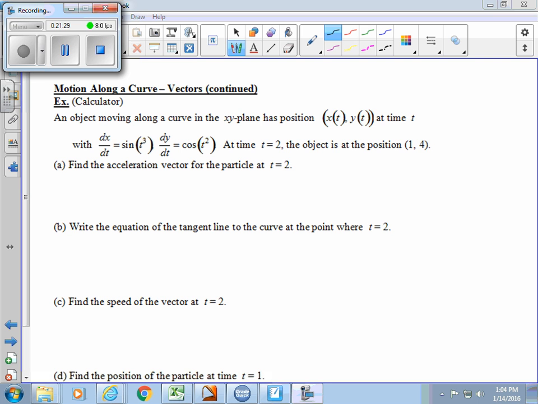You can work them in any order you want. Quiz on Wednesday. And then we will do polar coordinates, our last section in this chapter. 3 topics in this chapter: vectors, parametric.